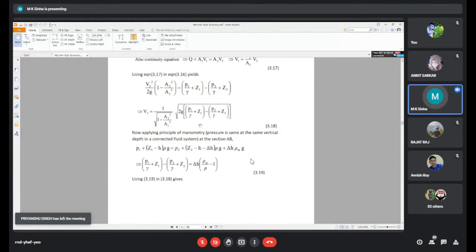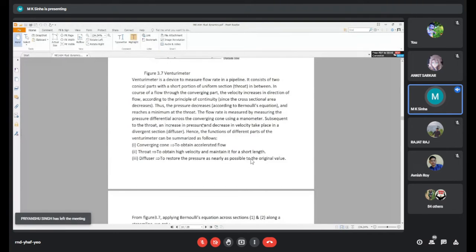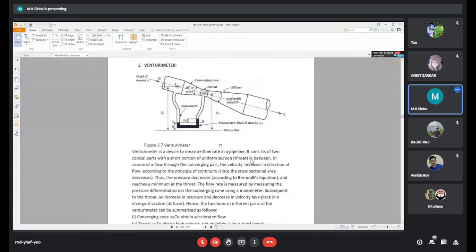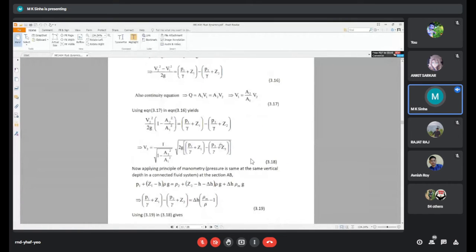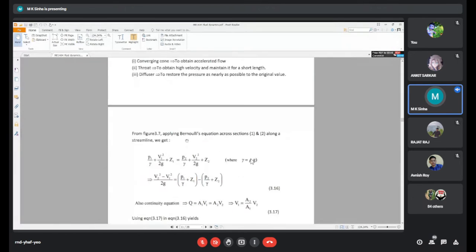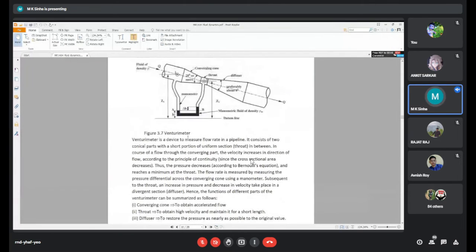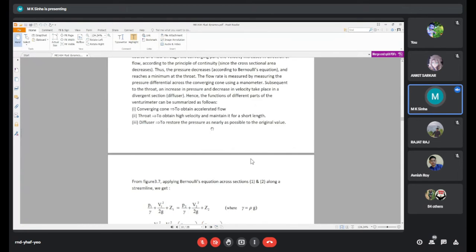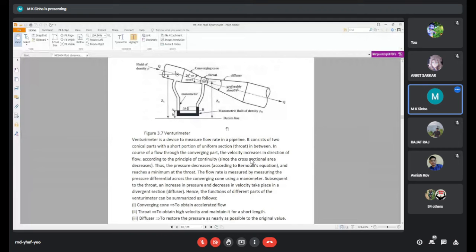So see, at the left end, the limb is marked A. So that is P1 plus Z1 minus H. Here P1 is the pressure at point 1, plus Z1, minus the height H, a small h, shown here from the datum line to the reference line AB.